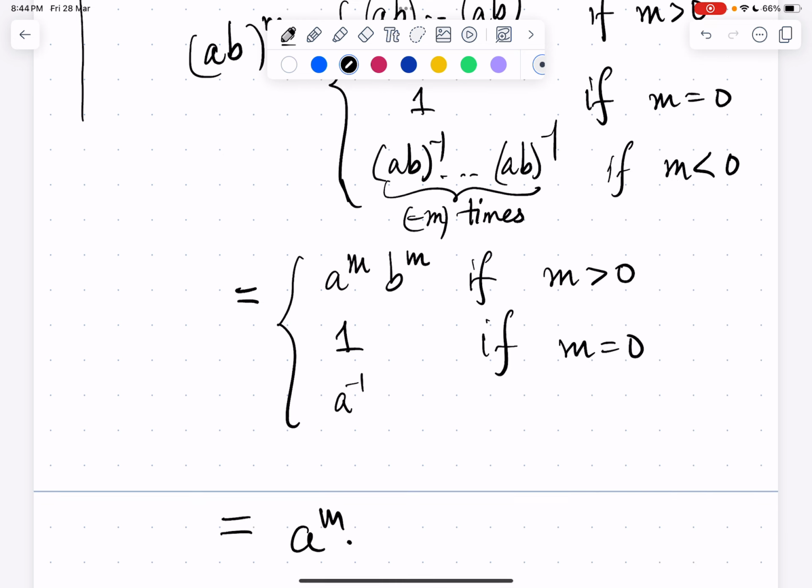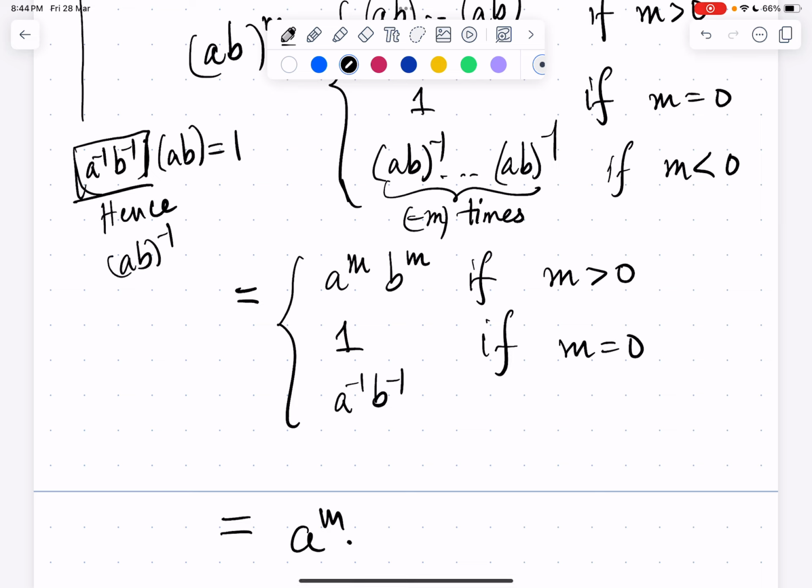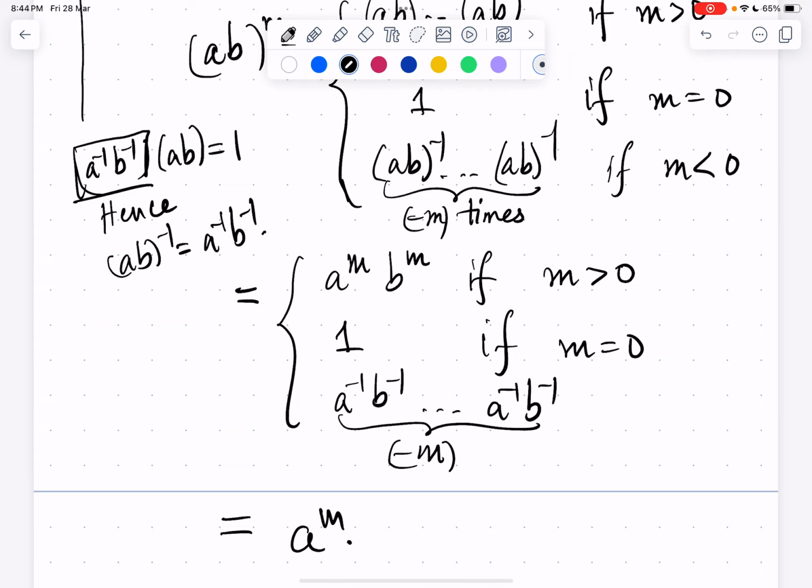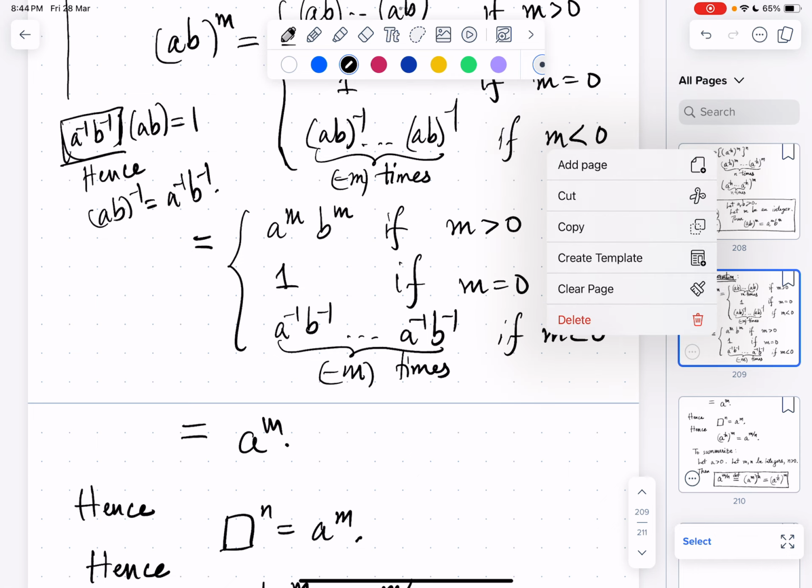The inverse of a product is also the product of the inverses, because a inverse b inverse times ab is equal to 1. Hence (ab) inverse is a inverse b inverse, right? We have that. And so a inverse b inverse, minus m times if m is less than 0. I'll add another page.